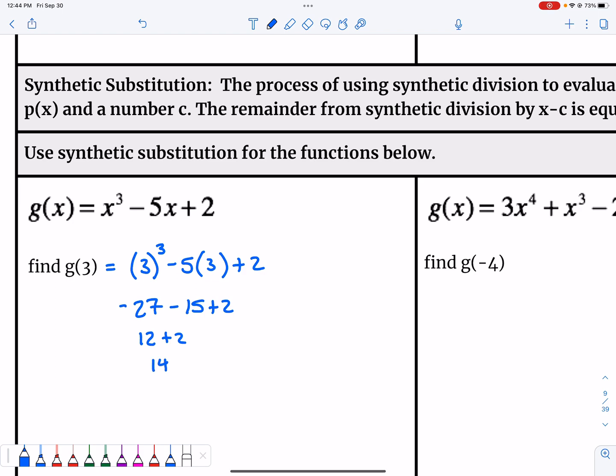So what you get when you plug in that number is you know that x minus 3 is not a factor, because we have a remainder of positive 14. Since we came up with a number other than 0, the factor that would go with the root of 3 is not a factor.